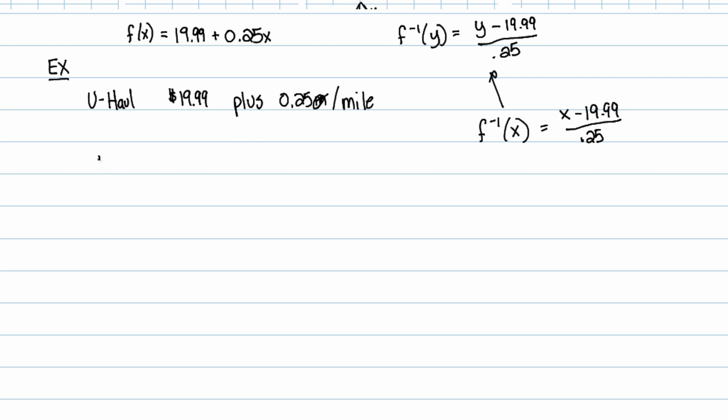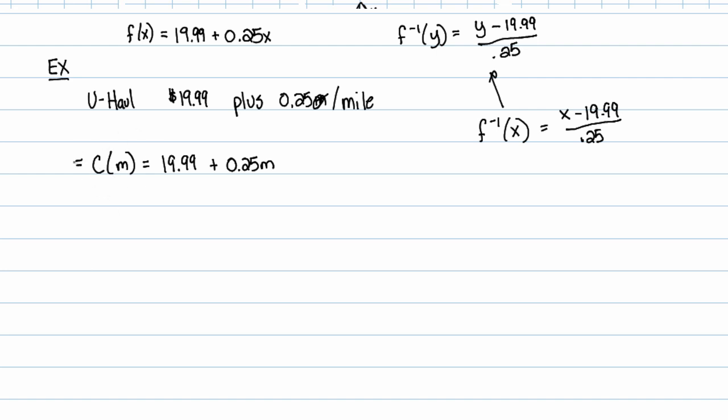So if you want to create a cost function in terms of the number of miles driven, it would be $19.99 plus 25 cents per mile. You plug in the number of miles you've driven, you get out the cost, right? That makes sense. Let's find the inverse of this function.